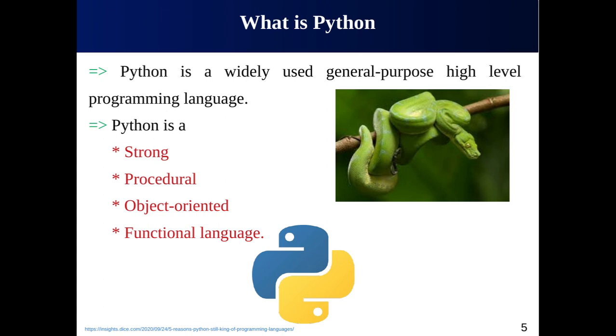It is a high level programming language. Now you know what a high level programming language is. Actually, we have two types of programming languages, low level and high level, and we talked about them in the previous lecture. It is also a general purpose programming language.